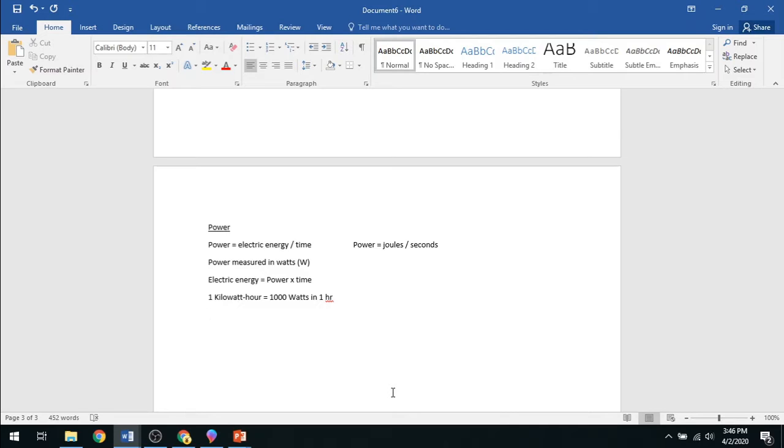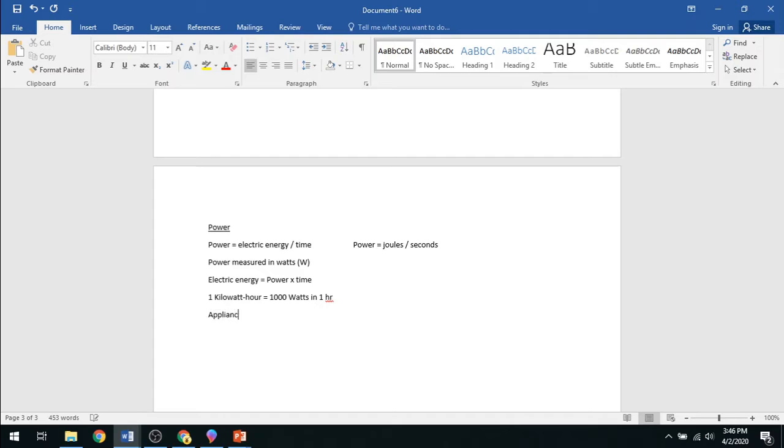Okay, so where is this useful? Again, electric companies and appliances look at the power that you either use or are needed to operate.